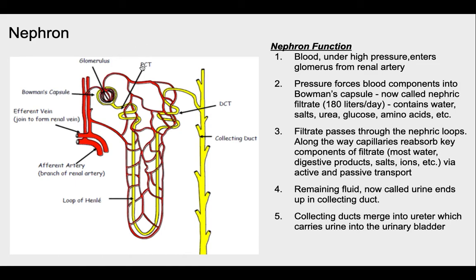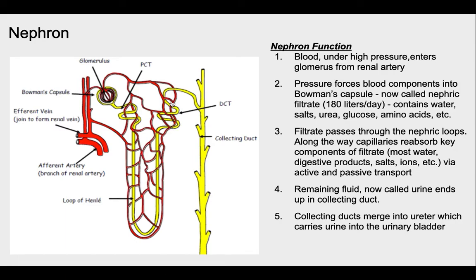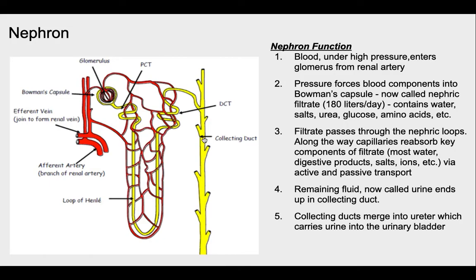There's the proximal convoluted tubule, PCT, here. Then it has the straight section. This big loop is called the loop of Henle. Then there's the distal convoluted tubule, which connects to a connecting duct, which brings the urine out of the body, or out into the ureter.